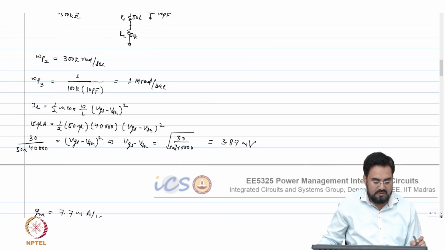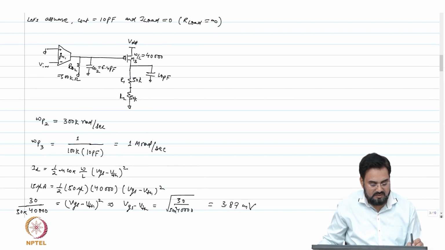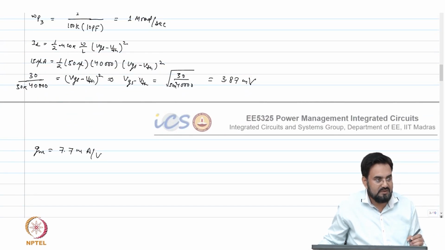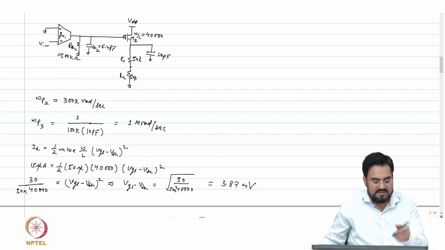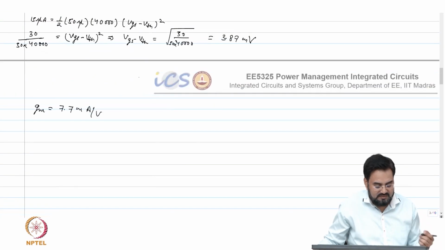And what is your R out? Around 100k, no, but there is one more R out in parallel. RDS, yeah. So what is that? 1 over lambda. Okay, this is the smallest device, so assume lambda equal to 1. The channel length was 0.18.